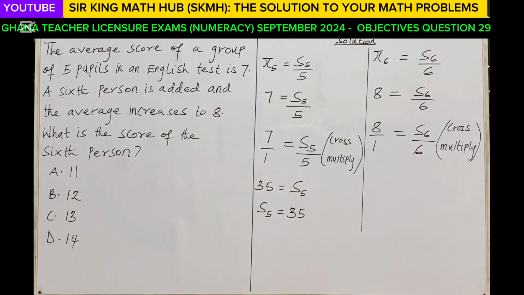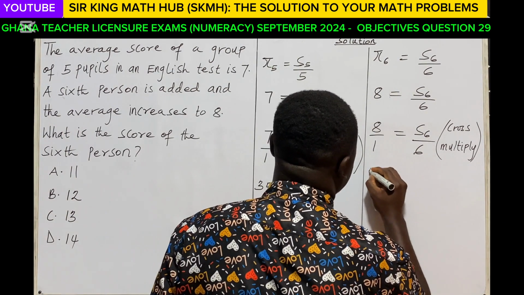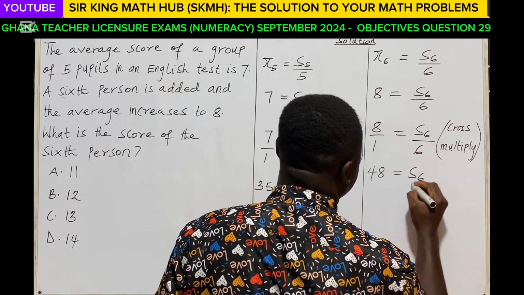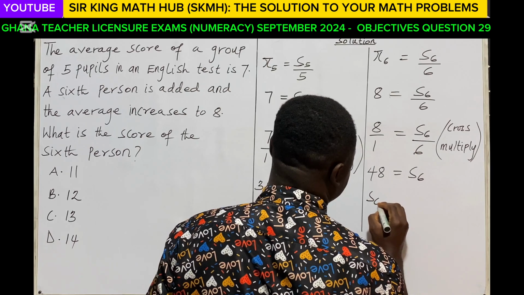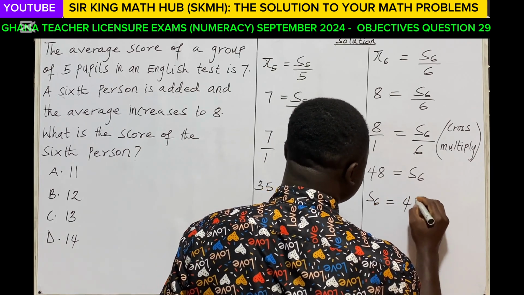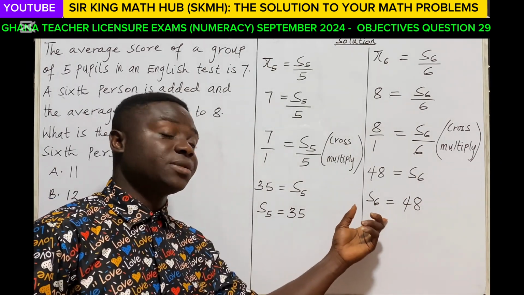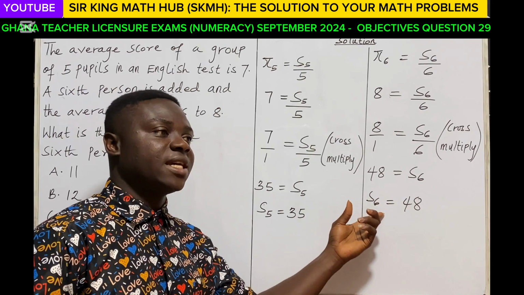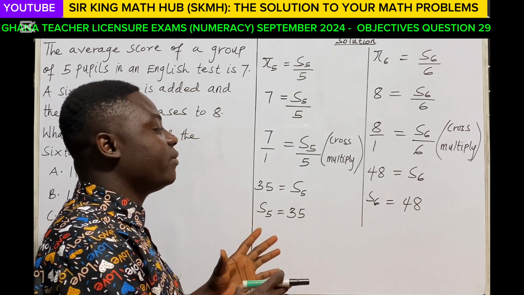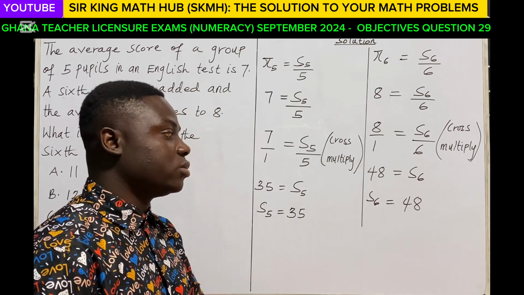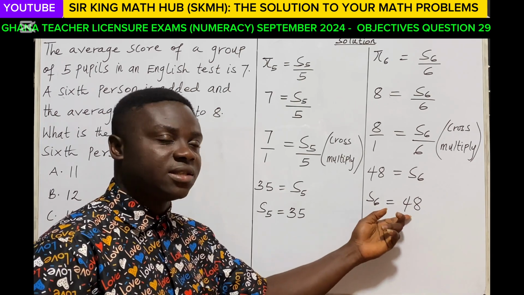So what is 8 times 6? We have 48. And then 1 times sum of 6, we have sum of 6. So we can say that sum of 6 is equal to 48. So what's the meaning of sum of 6? So the sum of 6 here is telling us that when we add up the individual scores of the 6 pupils, it should give us a total sum of 48.